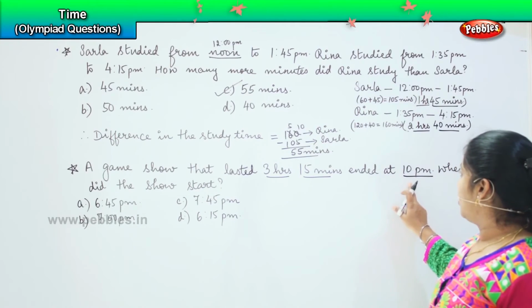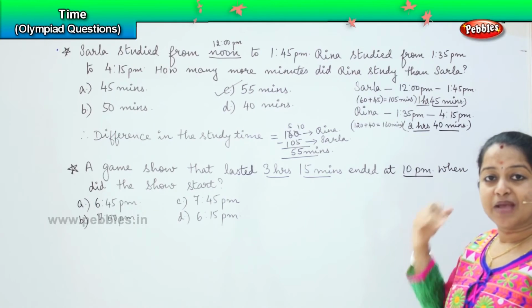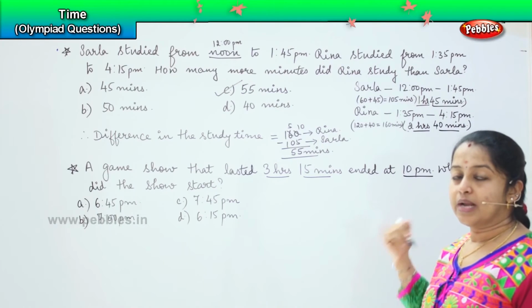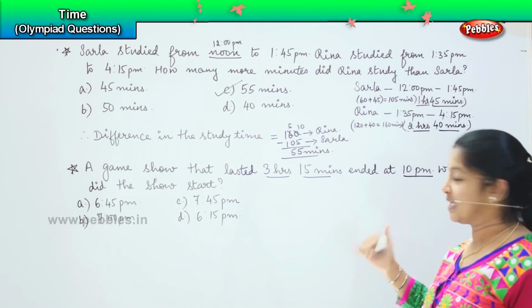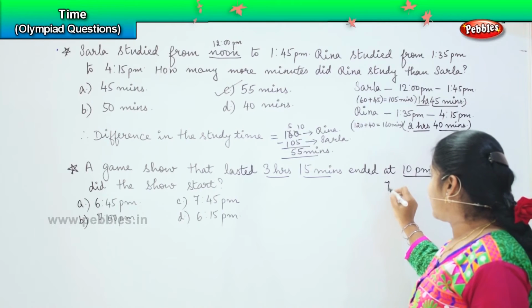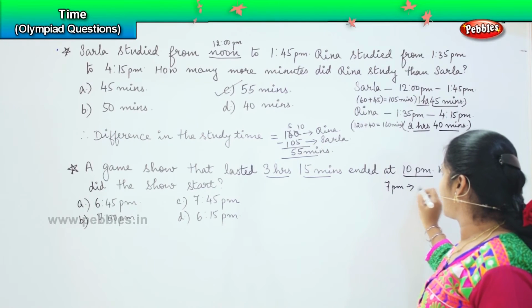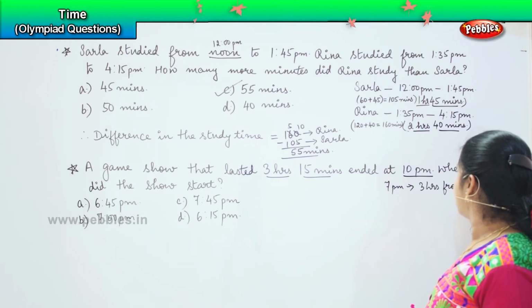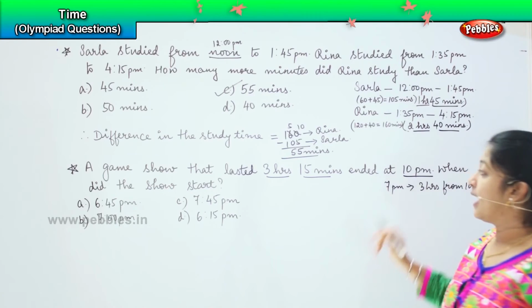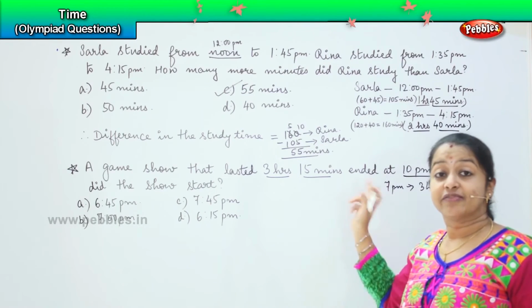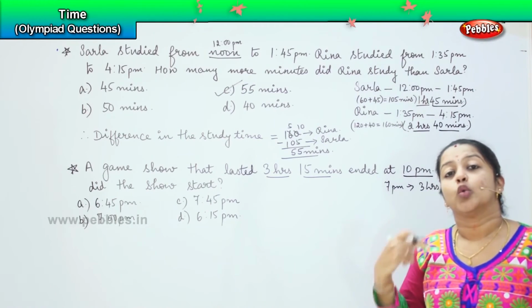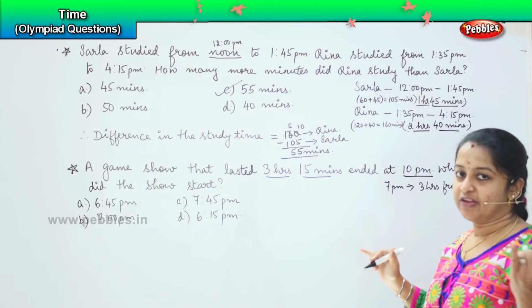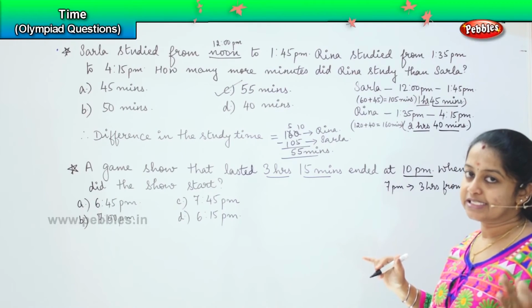Okay, so now if we calculate 3 hours back from 10 p.m. when it ended, so 9 p.m., 8 p.m. and 7 p.m. So 7 p.m. is 3 hours from 10 p.m., right? Now it says that it lasted for 3 hours and 15 minutes. So we need to skip 15 minutes back again. So 7, so 6:55, 6:50 and 6:45.